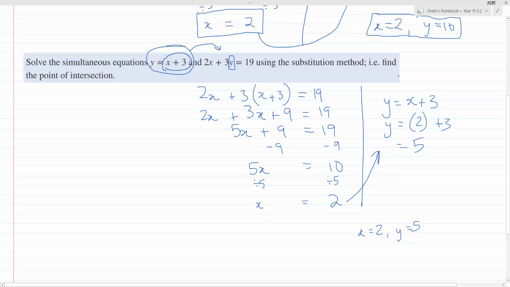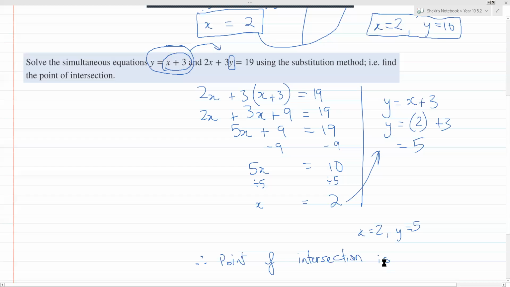And it says, find the point of intersection. Therefore, the point of intersection is (2, 5). If you were to graph these lines, you would find that they would meet at (2, 5).